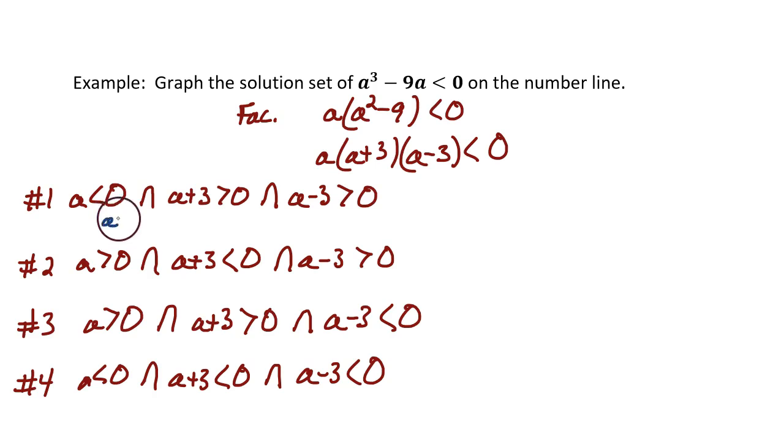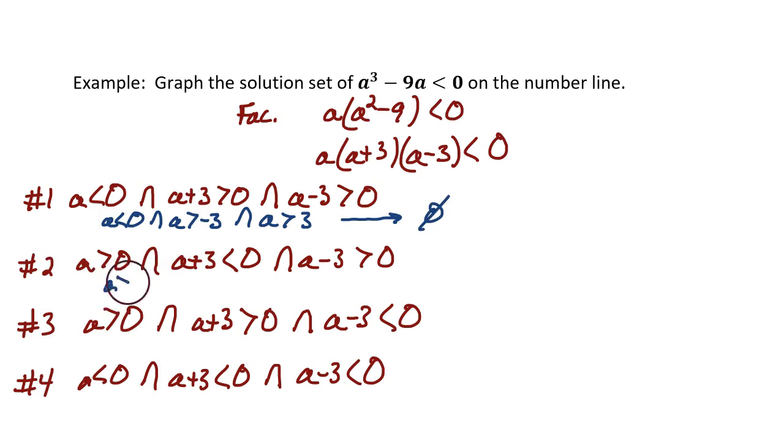This first one, we have a is less than 0, and a is greater than negative 3, and a is greater than 3. Let's think about what this really says. The number must be less than 0, and it must be greater than 3. That's not possible. Situation number two.